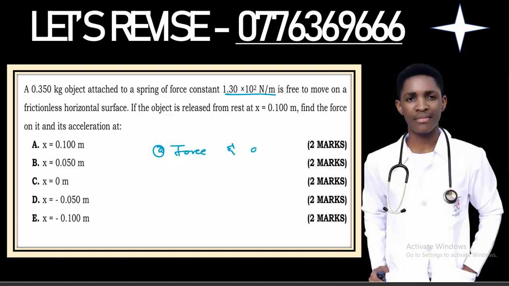So we are asked to find the force and acceleration at different displacements. Let's see what we have been given first. We have been given the mass to be 0.35 kg.